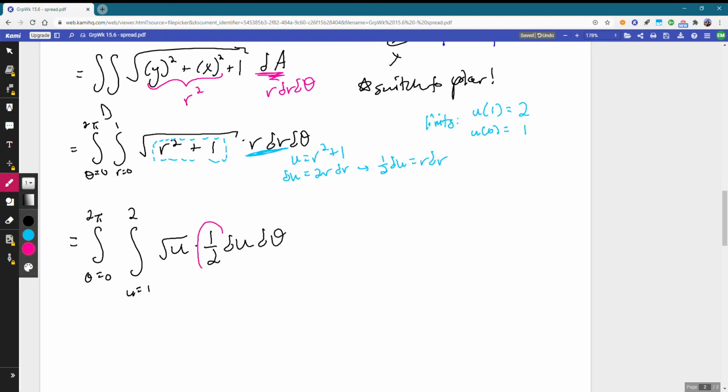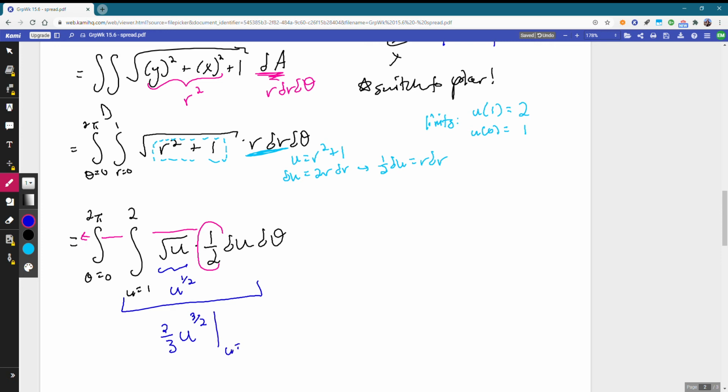Now if we'd like, let's take the 1/2 and just slide it all the way out front, since it's a constant multiple. And this u, you want to think about that as u to the 1/2, and we can anti-differentiate that. So here we go. Our inside integral, we're going to get u to the 3/2 and divide by that new exponent, so we'll get 2/3.